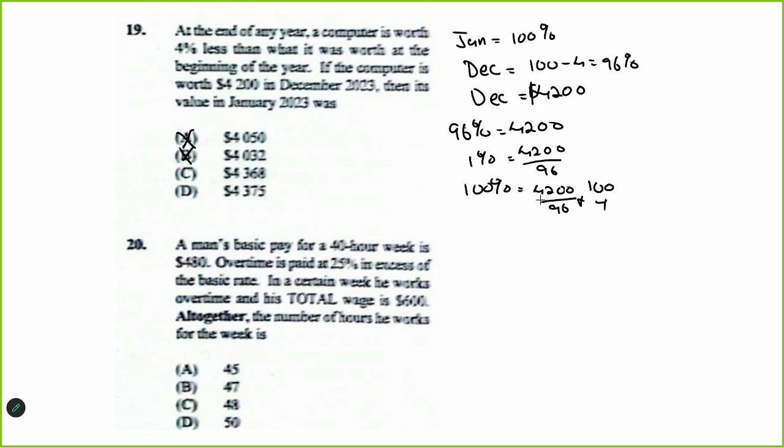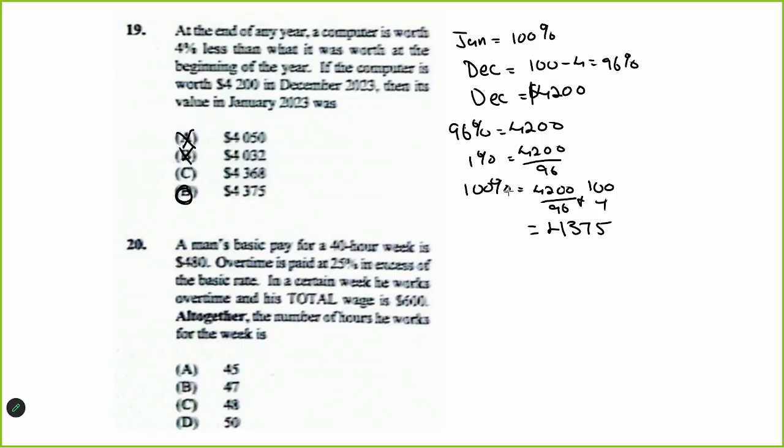Sorry guys, 4,200 divided by 96 multiplied by 100. I'm not going to take too long. This here will give you 4,375. So the answer is D for this one.